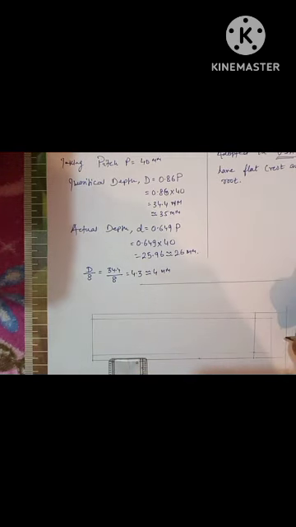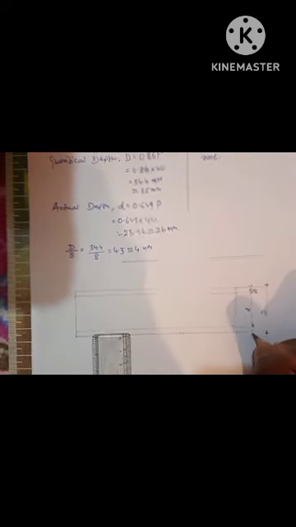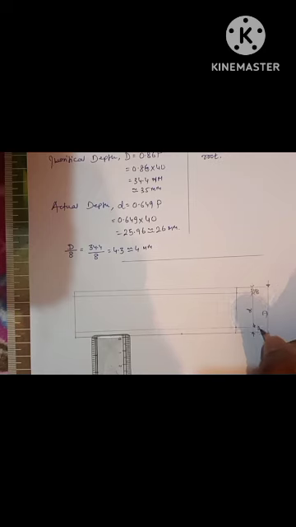Now we will do the dimensioning. This is capital D, that is 0.86 p. This is small d, that is 0.649 p, and this value at the top edges is D by 8. Similarly this one is also capital D by 8.